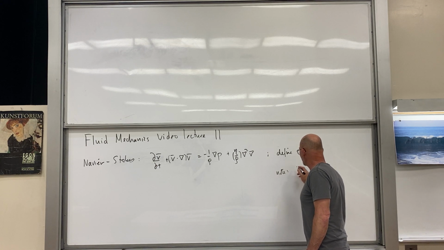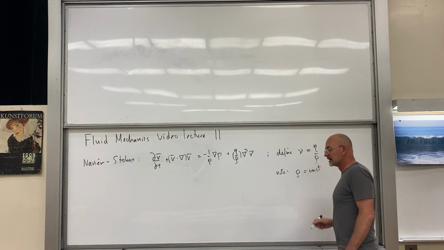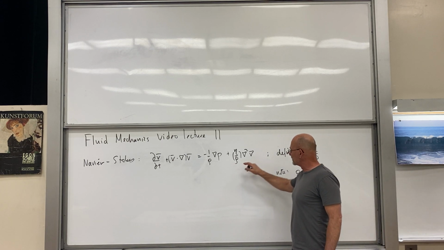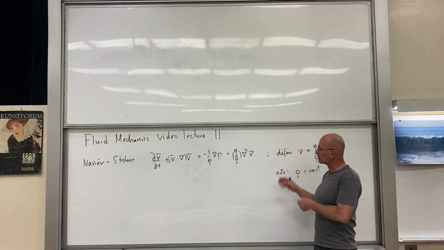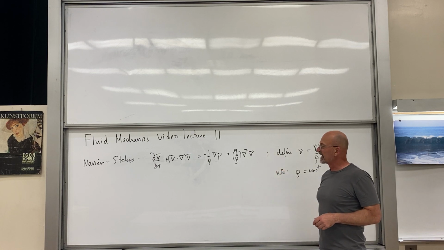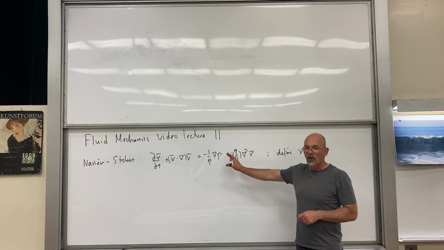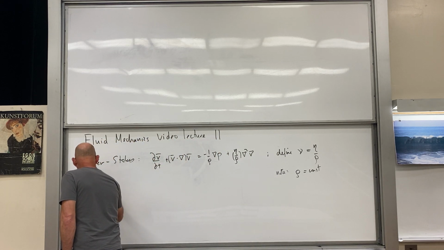So note right here, density is constant, because if density is not constant, you actually have a second viscosity term as well. Okay. So this is the case that is of most interest.